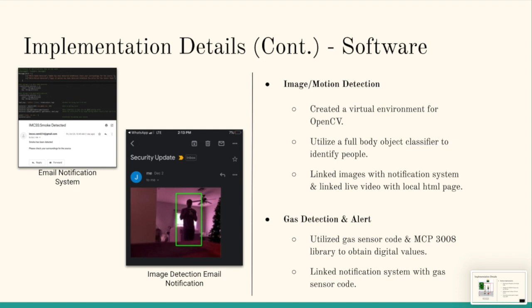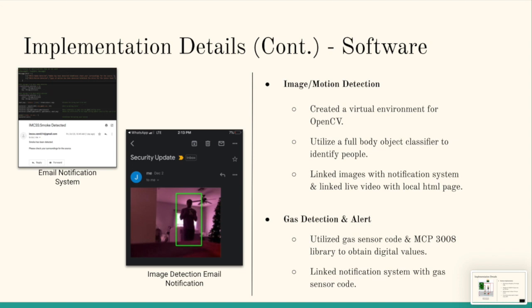Because we're running all the motion detection and image detection software in a virtual environment on the Pi, it won't affect the gas sensor, and the gas sensor's code won't be affecting the motion detection either. After that, we also utilized the full body object classifiers that we talked about before.